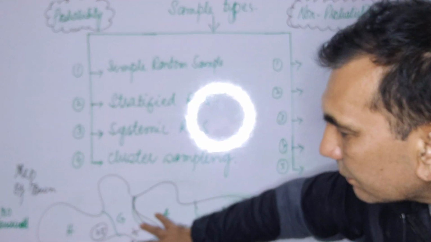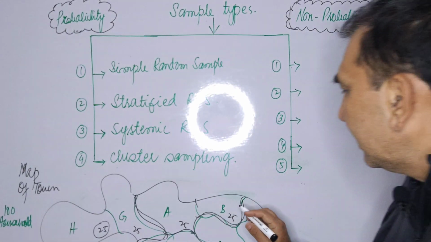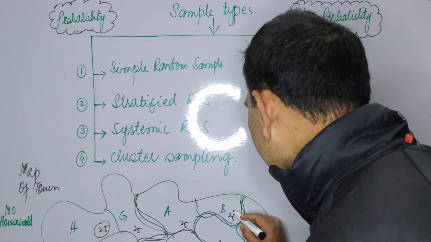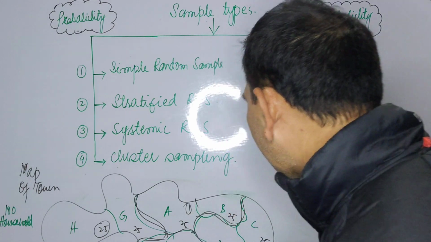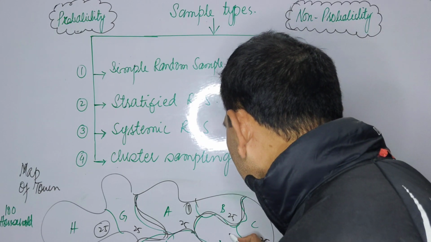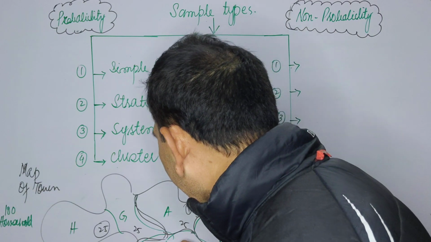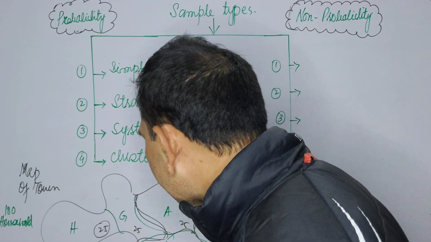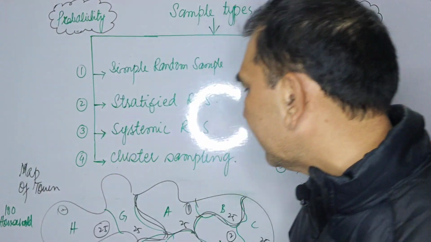Now you will randomly select 2 clusters. A and B convert into the 1st cluster, C and D into the 2nd cluster, E and F into the 3rd cluster, and G and H into the 4th cluster.